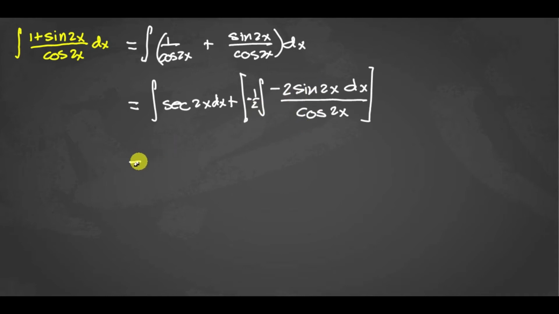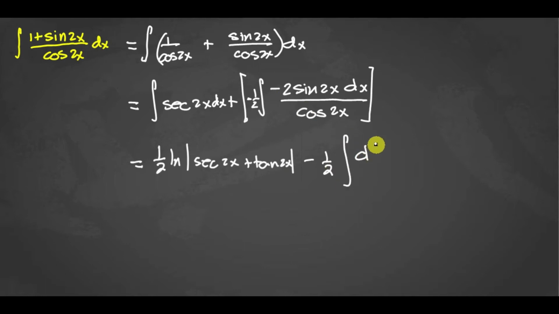Now this one will become 1/2 ln secant 2x plus tan x, and this one is negative 1/2 integral of the derivative of cosine 2x all over cosine 2x.